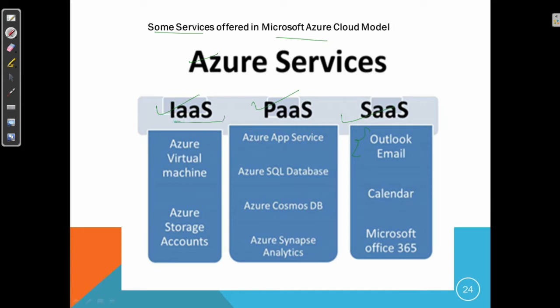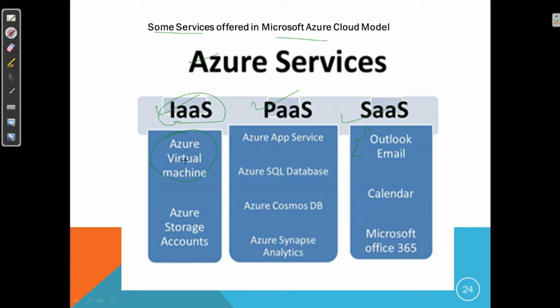Then we have IaaS. The most popular IaaS service from Azure is the Azure Virtual Machine. The same thing is offered by Amazon Web Services under the name EC2, which we will see later. EC2 is again a provision to configure your virtual machine on the cloud.